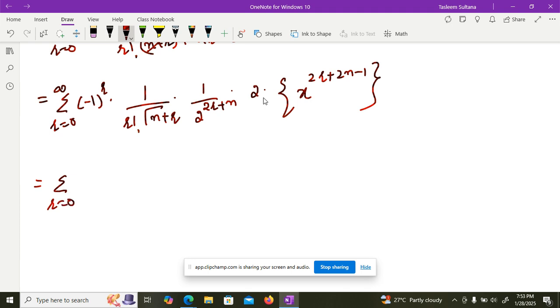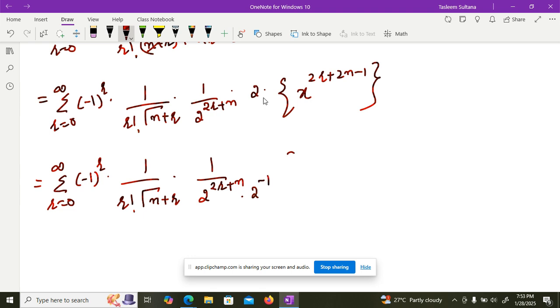Summation r equals 0 to infinity, minus 1 to the power of r, 1 divided by r factorial gamma of n plus r into 1 divided by 2 to the power of 2r plus n into 2 to the power of minus 1 x to the power of 2r plus n minus 1 into x to the power of n. 2n, what I did, I have taken out from this one.